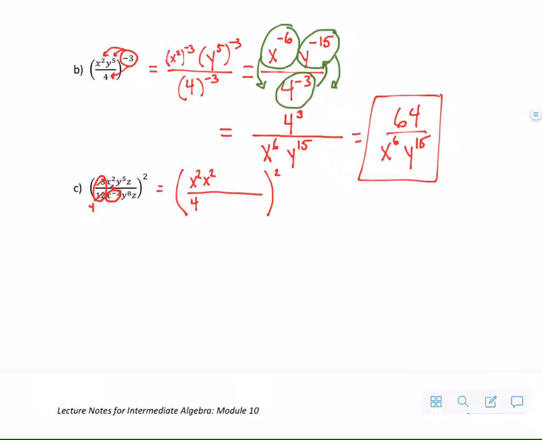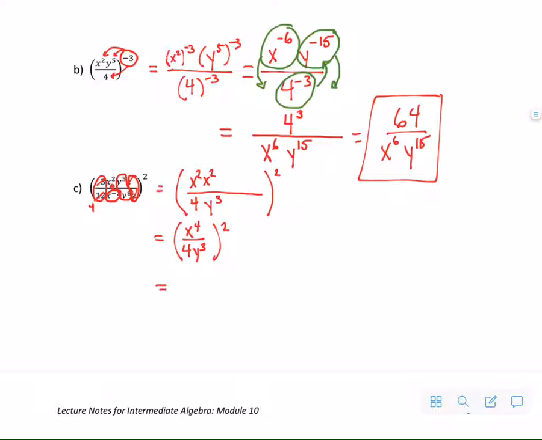Right? I just move that up here. So there was the x squared there, and then I moved the 1 up from the bottom. What about the y's? Move it to the bottom. Y to the third on bottom. And then the z's? Just cancel out. So this looks like x to the 4th over 4y cubed squared.